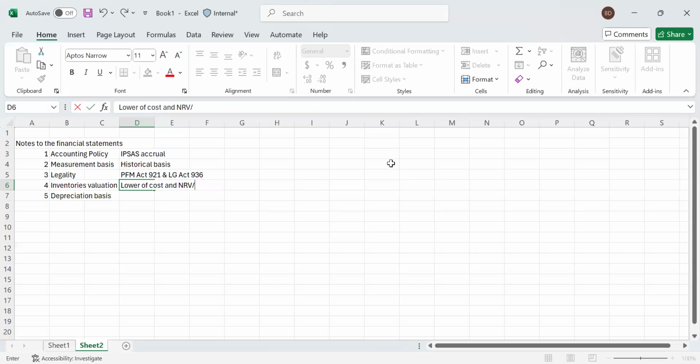Or the lower of cost and current replacement cost.